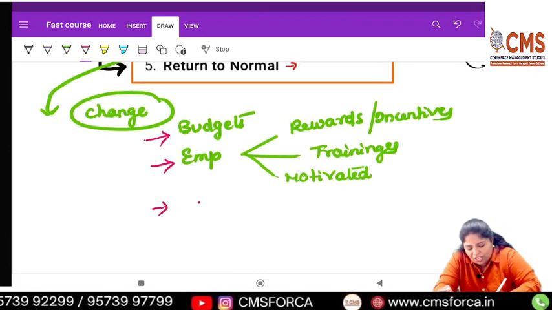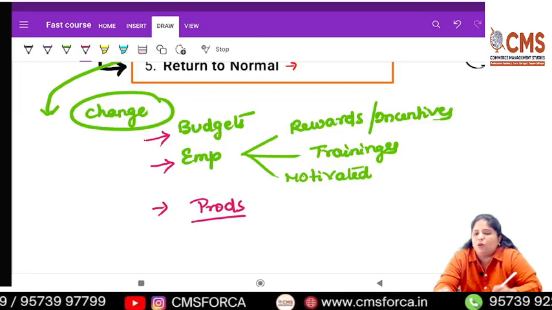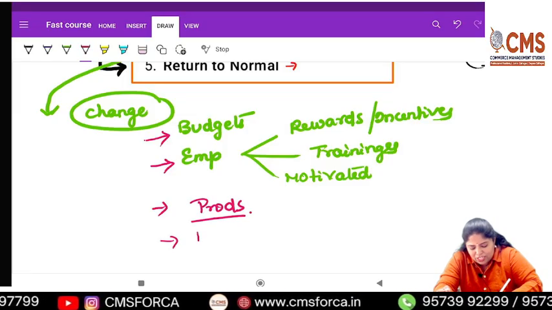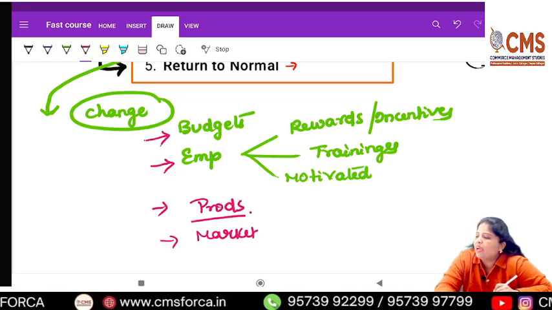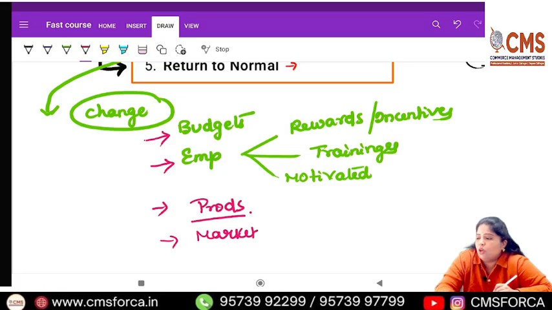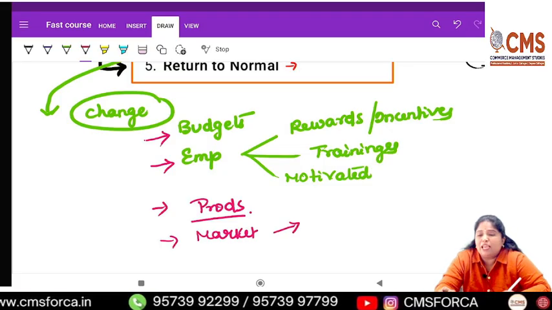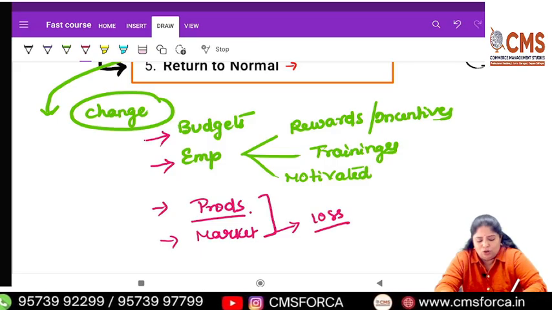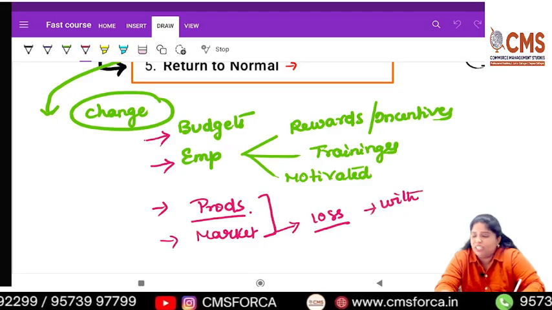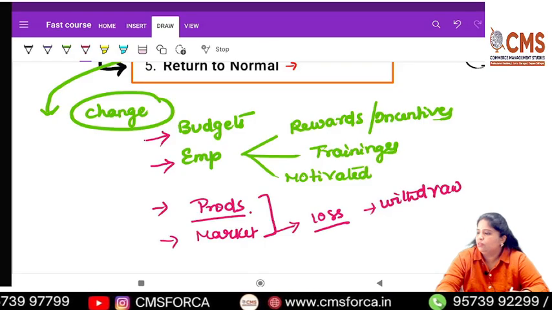We are also going to create change in products. We are going to bring in change in the market. So you will withdraw from all markets which are creating loss. So loss-making products, loss-making markets, whichever is creating loss, the organization will try to withdraw.